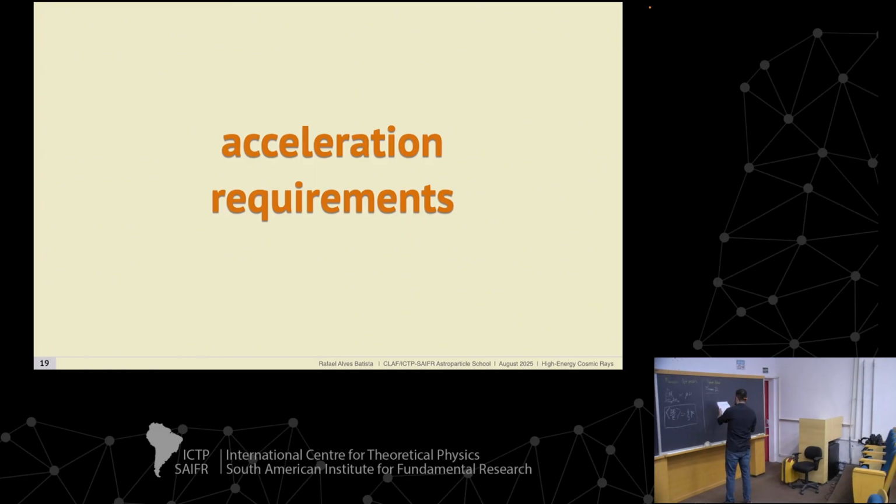So we start with something very simple. We count the number n of particles per time.